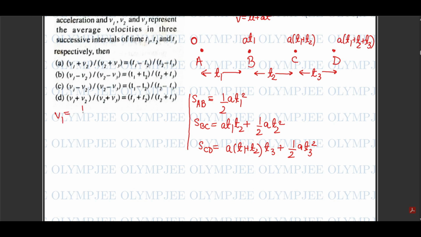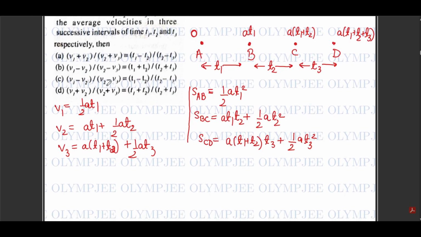So v1 will be half a t1, v2 will be a t1 plus half a t2, and v3 will be a(t1 plus t2) plus half a t3. I have just divided this by t1, this by t2, this by t3. And now we need to find, so first let's find the sum, v1 plus v2 divided by v2 plus v3.